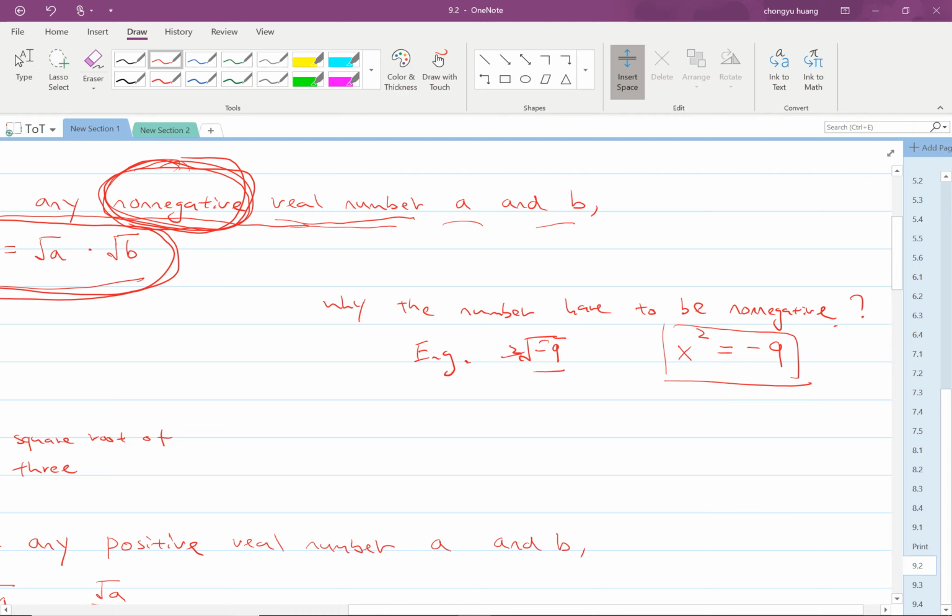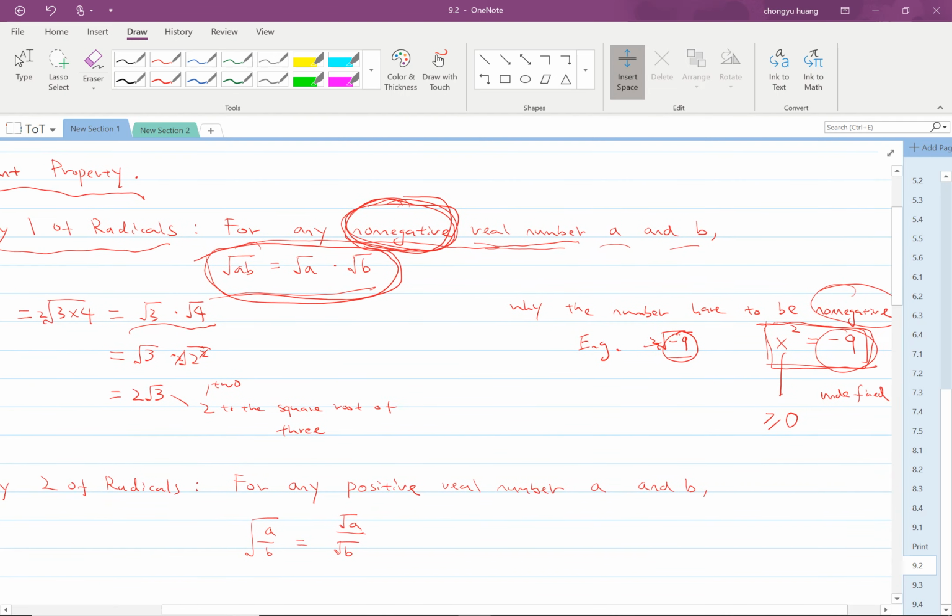In order to solve this square root, we need a statement like x squared is equal to negative 9. As everyone knows, x squared has to be greater than or equal to 0, but the number here is negative 9, so it's undefined. That's why we need non-negative numbers.